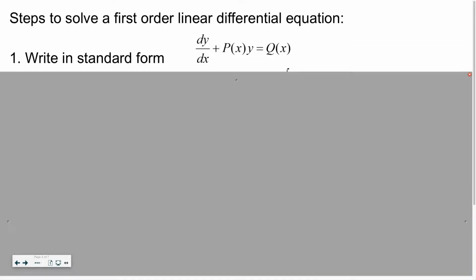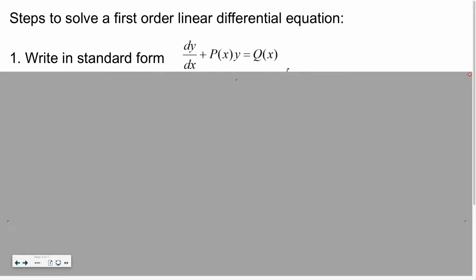Okay, so our steps to solve our first order linear differential equation. Say that five times fast. Don't do it. Okay, the first thing, it needs to be in standard form. So if it's not, get it there.